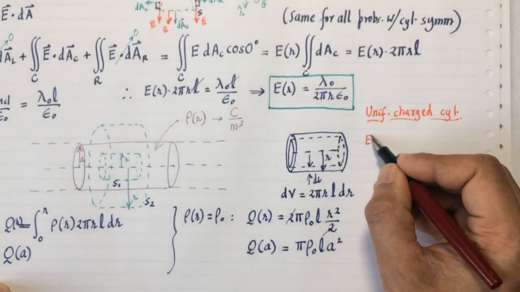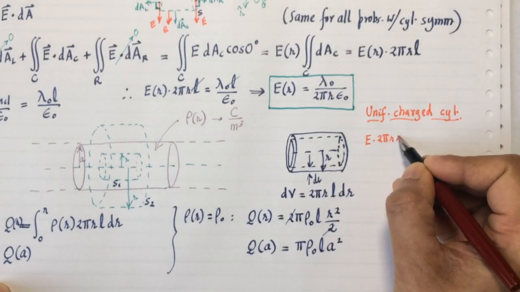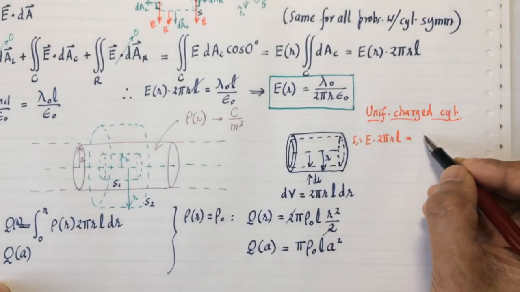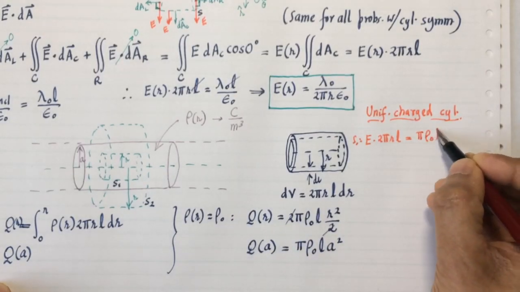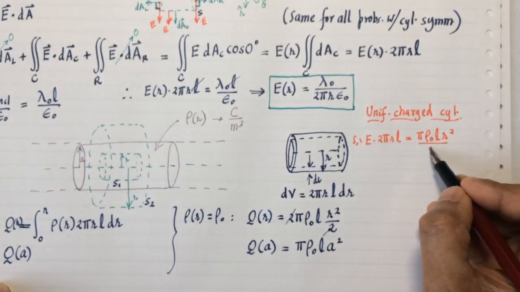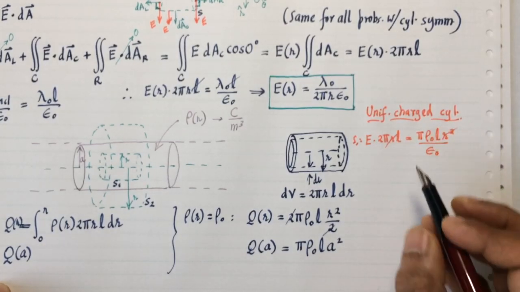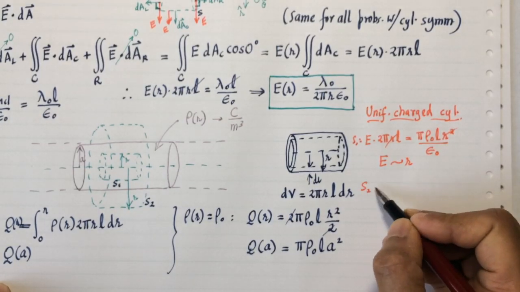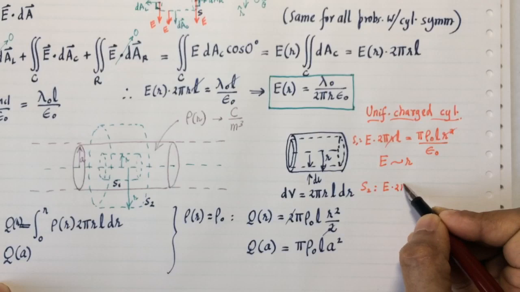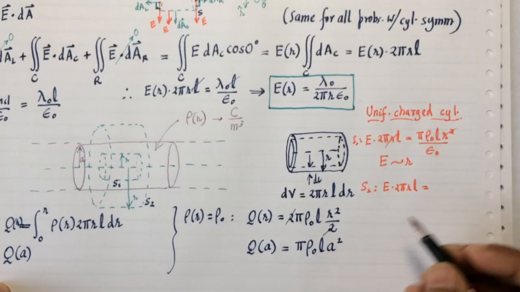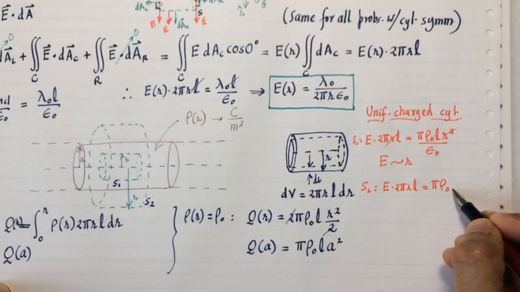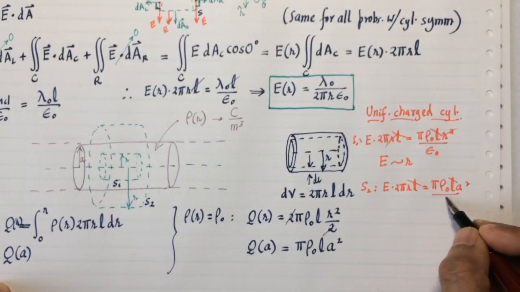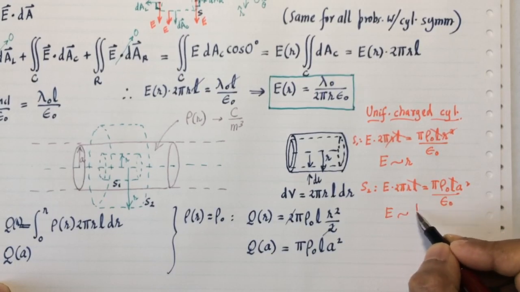The electric field E times 2 pi r L for the Gaussian surface S1 is equal to the charge enclosed, which is pi times rho naught L r squared divided by epsilon naught. You observe that one of the r factors cancels and the electric field is proportional to r. For S2, E times 2 pi r L is equal to some constant, which is pi rho naught L A squared. The L's cancel too, divided by epsilon naught, and the electric field here goes as 1 over r.